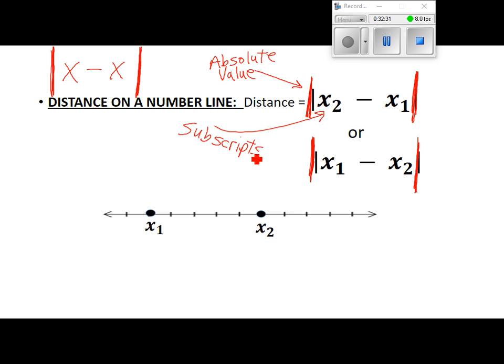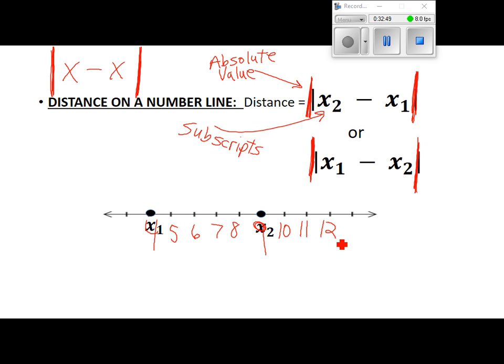Give me a number for x1 here. 4. What's x2 then? So on, so on, so on.